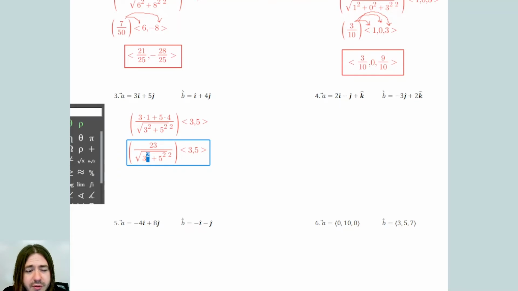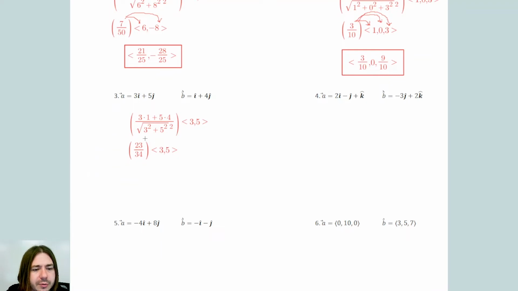Over 3 squared is 9. 5 squared is 25. So 25 and 9 would be 34. And the square root will just cancel out. So now we're going to distribute this. This is another case where I'm just going to be on the safe side and type this in a calculator.